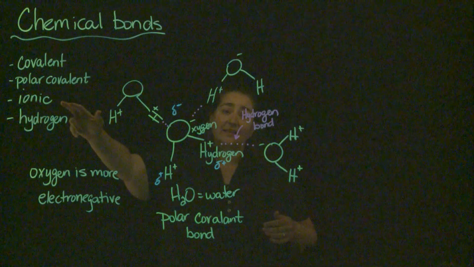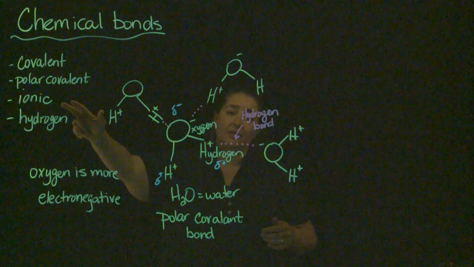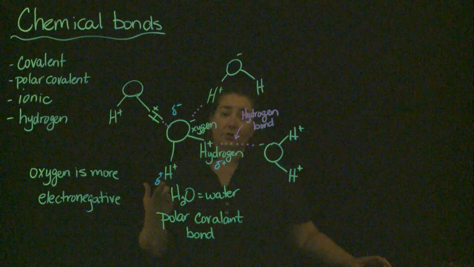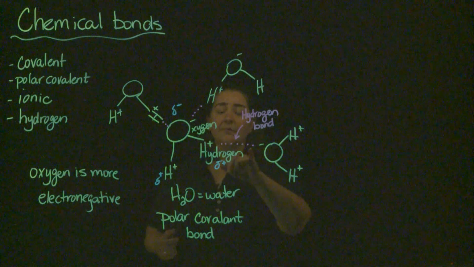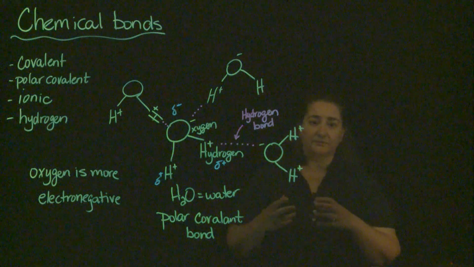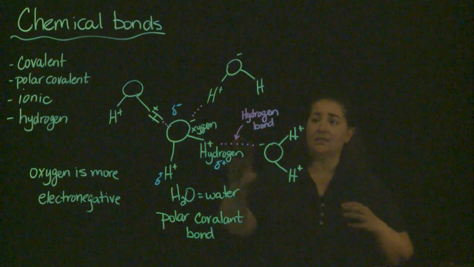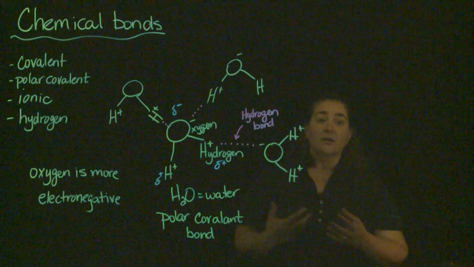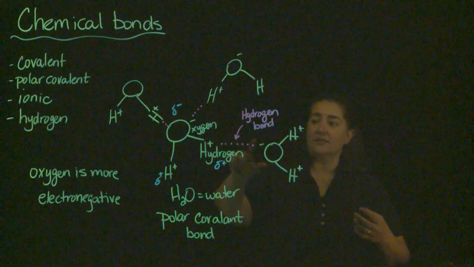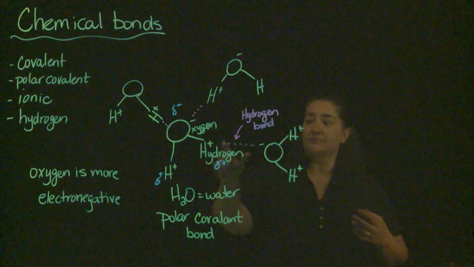So it's akin to what you've got going on with the ionic bonds, like with sodium and chloride, but it's not quite as strong. So the hydrogen bonds that are made in a solution of water very easily make bonds and very easily then break bonds.